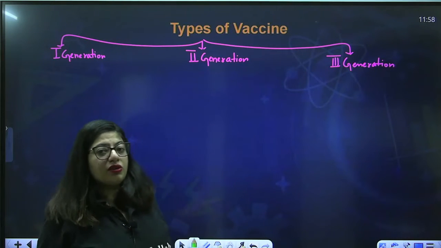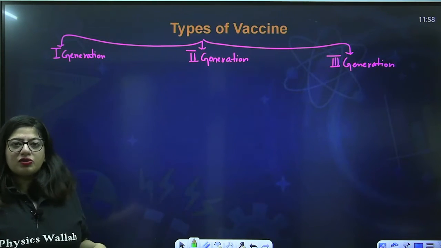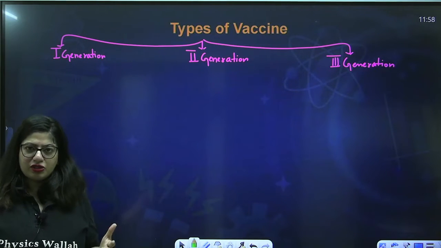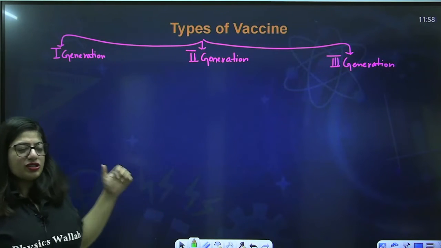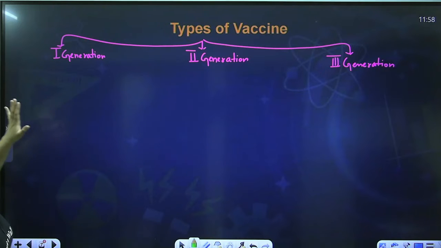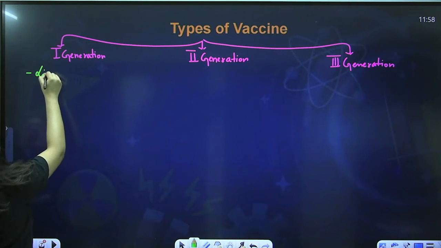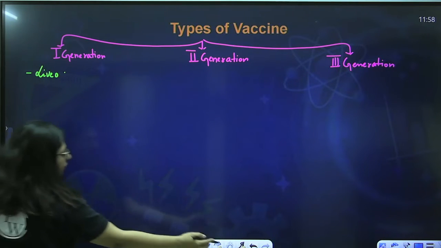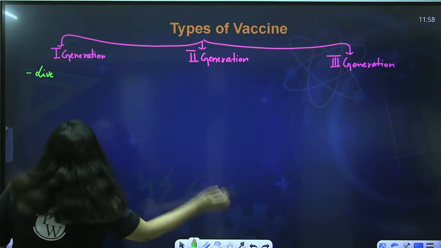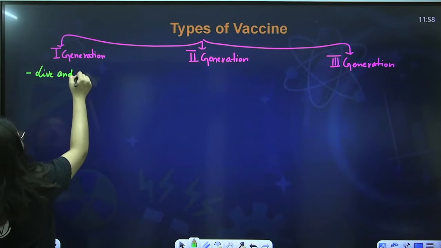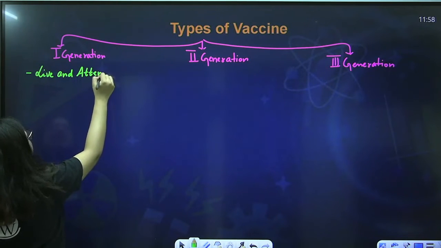Firstly, the vaccine that was used was a complete pathogen, as I have told in the discovery. So that's the first generation vaccine. In first generation vaccine, we basically use live and attenuated pathogen. Attenuated means weak pathogen.